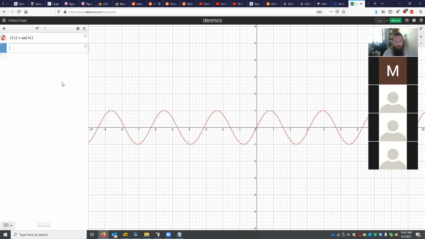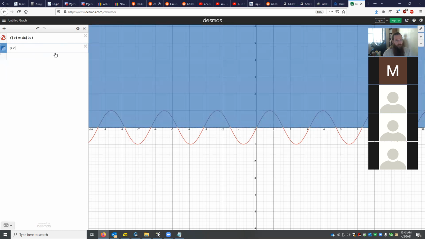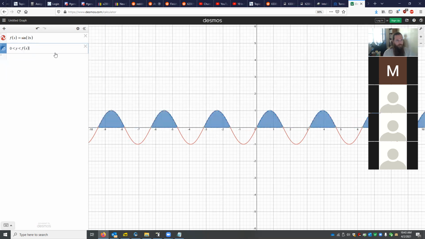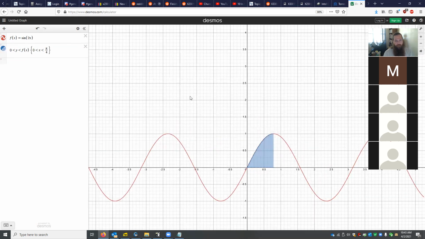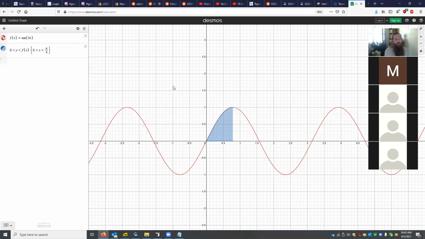So there's pi over 4. All right, here's the region in question. What does this remind you of?